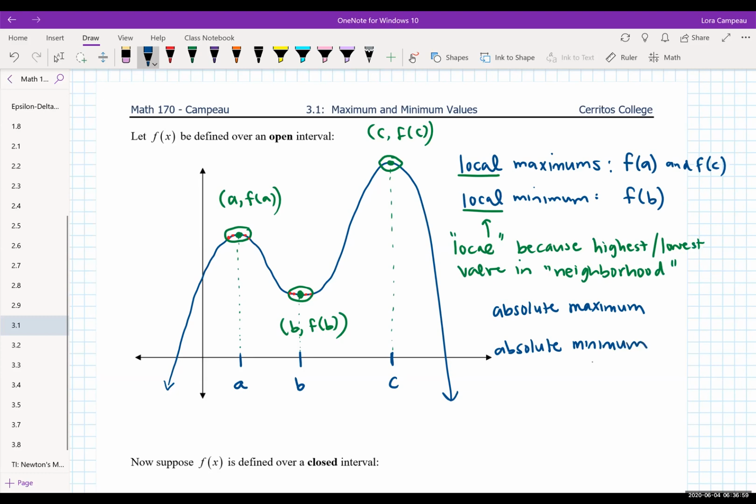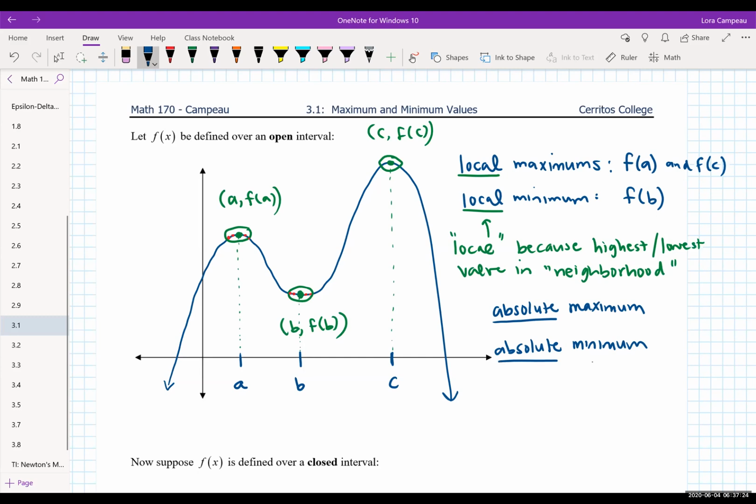And so it's probably what you guess is going to happen. When we talk about absolutes, and I'll define this a little bit later, usually we have a better idea when we see a closed interval, the next drawing down. But usually we're kind of looking for the highest of the highs and the lowest of the lows. That's the way I like to think about it.